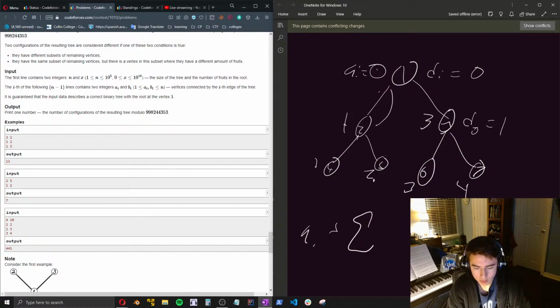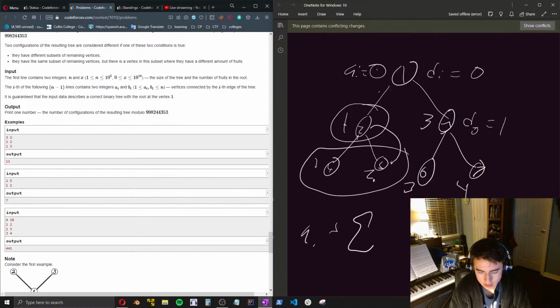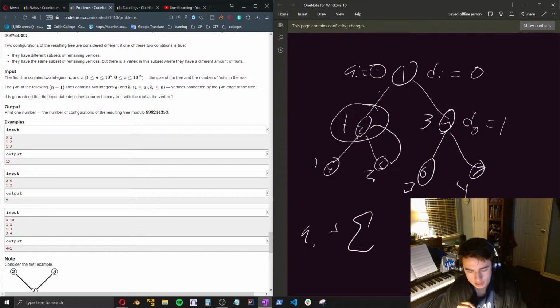The 2 will be counted once, the 3 will be counted once, the 2 will be added to here, the 2 will be added to there, and then its subtree has to be greater than this plus this, and so then this being counted twice, plus the sum of d_i times a_i for all i from 2 to n.